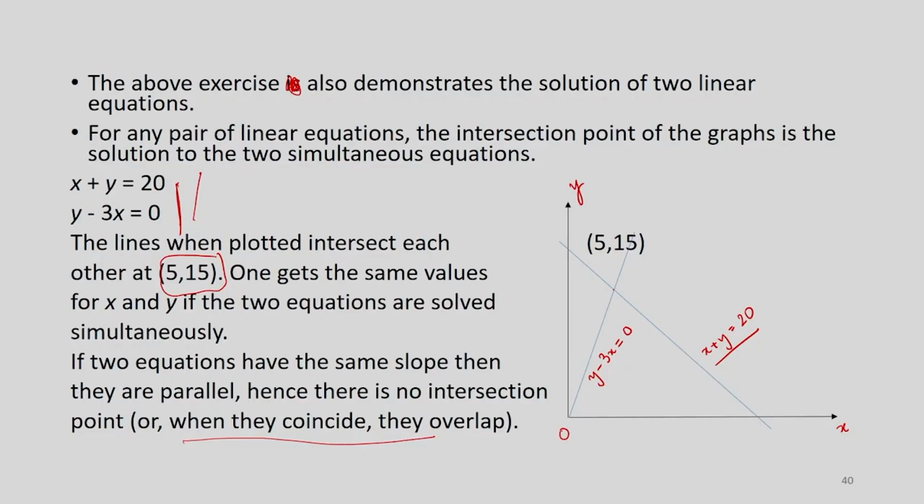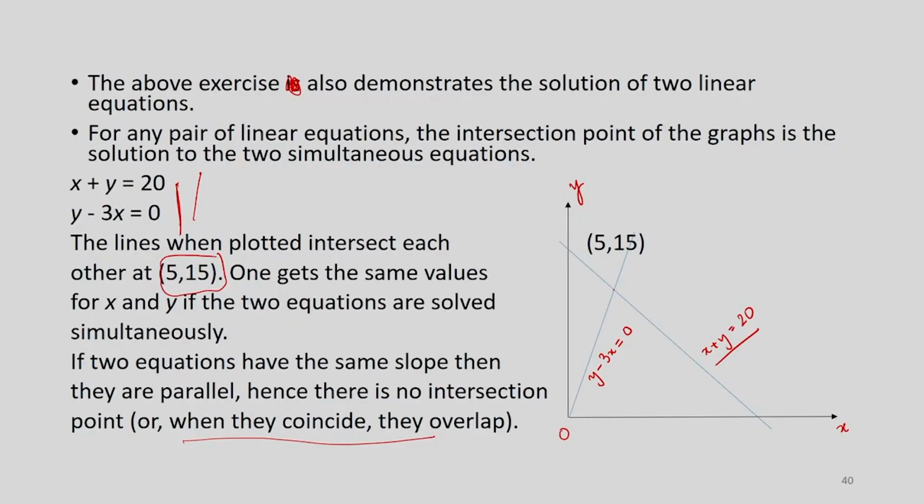If you have two lines which have the same slope, either they have an infinite number of solutions or they have no solution. But in general, if two equations have different slopes, then they will have a single point of intersection like this, and that point of intersection gives us the solution.